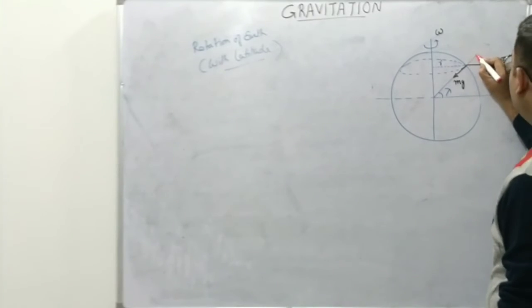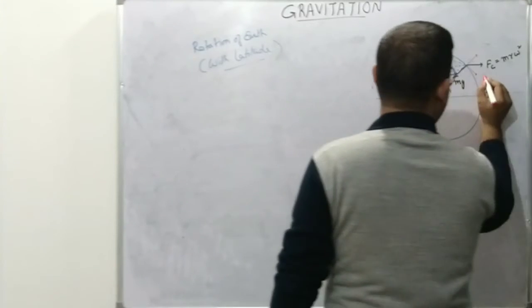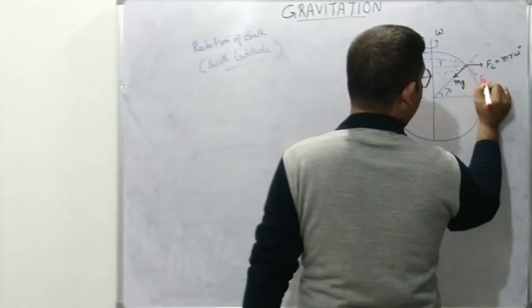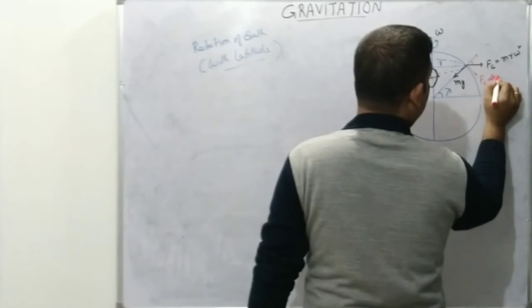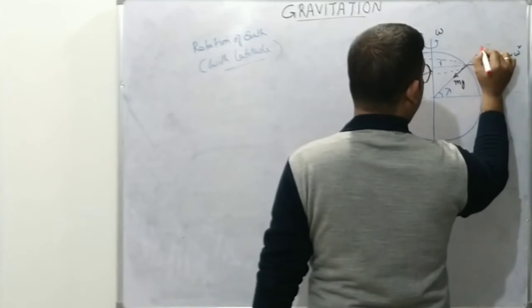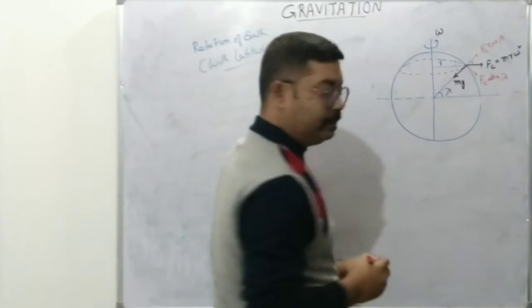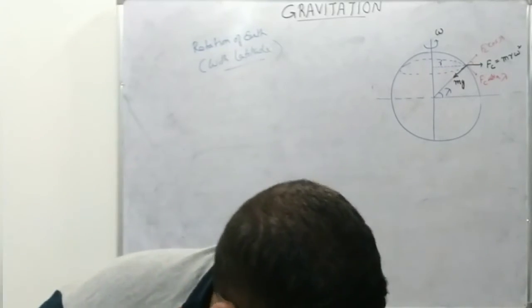One is the radial component, the other one is the tangential component, right? This being lambda, the tangential component will be F_c sin lambda, and this will be F_c cos lambda.